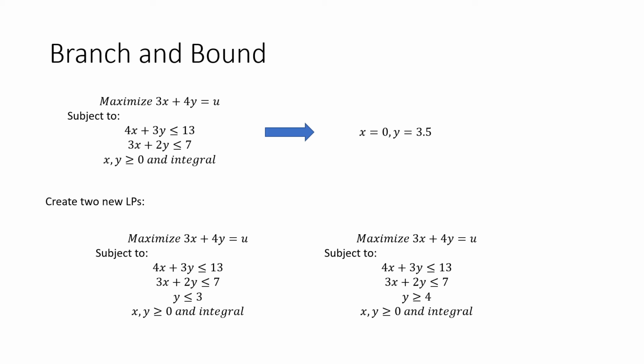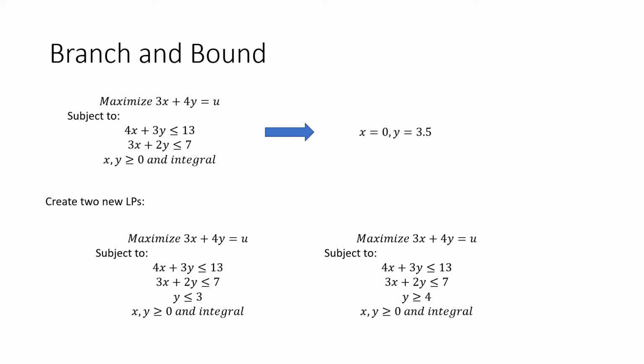The branch and bound method works very well for both pure integer and mixed integer problems. What we're going to do is solve our LP relaxation. We're going to pick a non-integer variable. Then we're going to say that we're going to force this one to be an integer and solve it again.